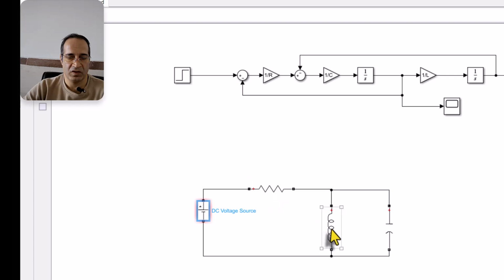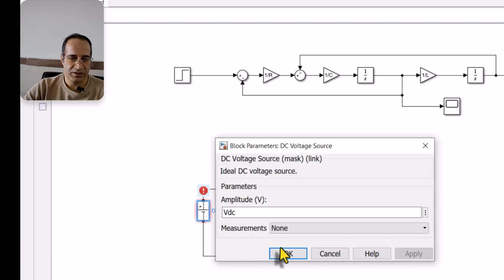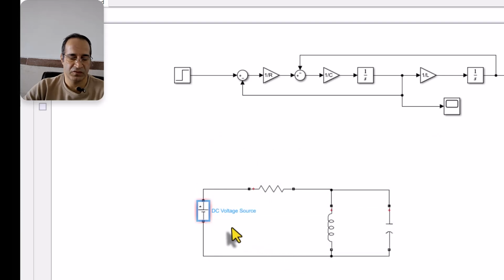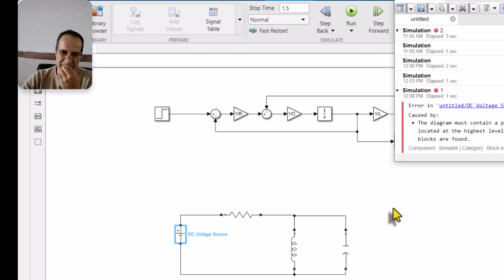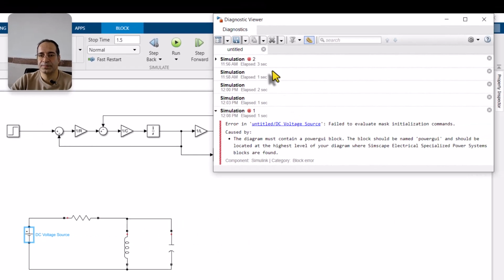And now I have R, L, and C. I need measurements over here. This VDC, RLC. Just let's run it. There is a problem. This voltage failed to evaluate the mask. There's a comment.